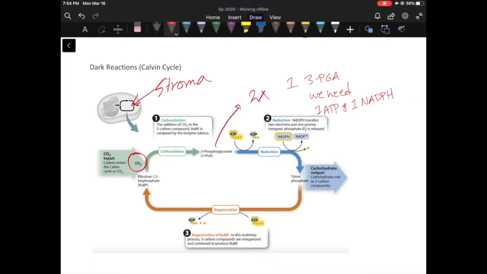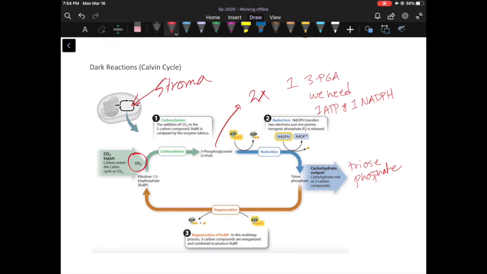And another thing to note about this is how I mentioned before that the end product for the Calvin cycle is a triose phosphate molecule.